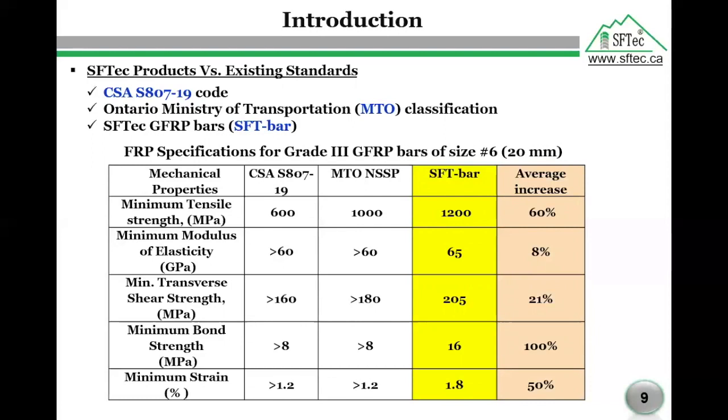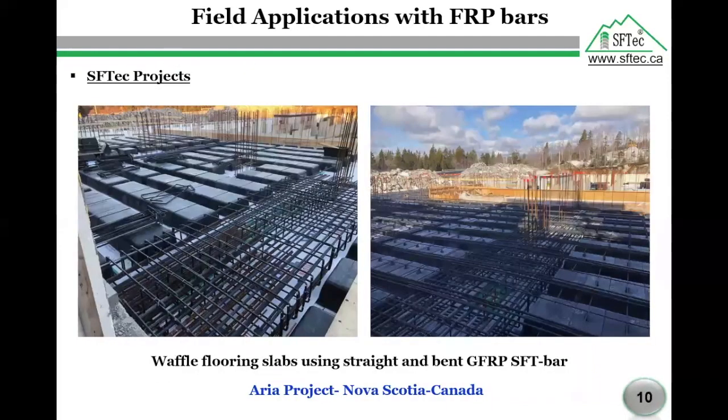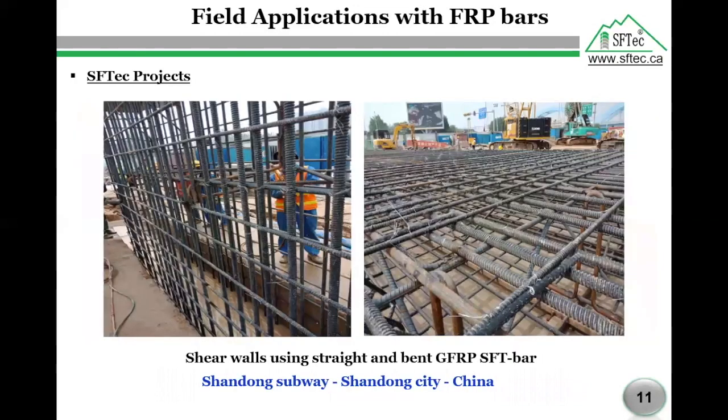I would like to highlight our national and international projects with FRP bars. The first application we have here is the first worldwide waffle slabs reinforced with GFRP straight and bent bars, as we see here in these photos. Another example here for shear walls at Shandong subways in China.